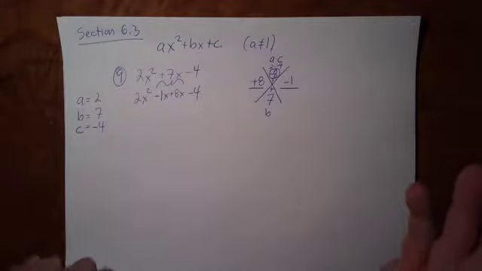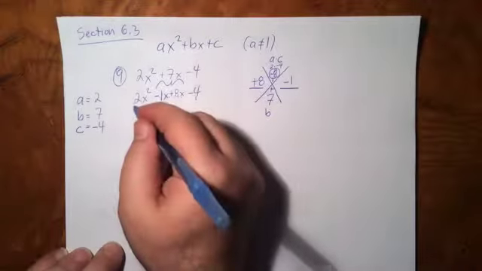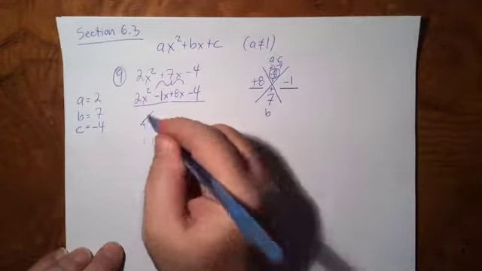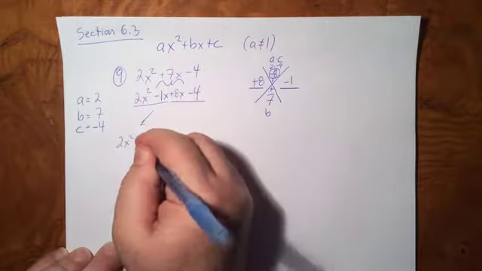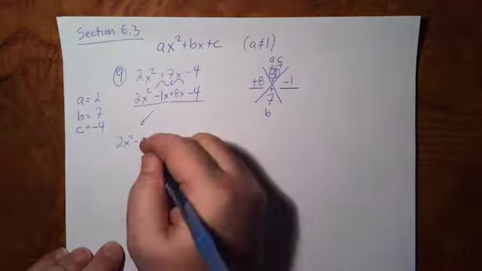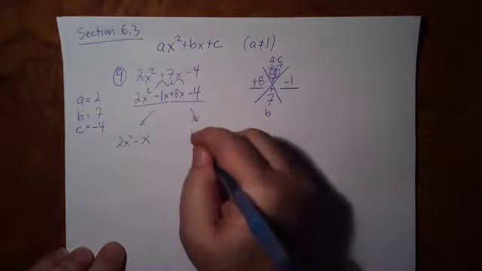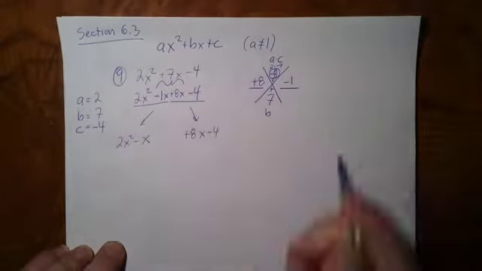So now I have 4 terms in the polynomial, and now I'm going to apply factoring by grouping to get my binomial factors. As we showed in the end of 6.1, I'm going to split these up into 2 parts and give them a little breathing room to separate them. So this would be 2x squared minus, and I don't have to write minus 1x, I'll just write minus x. And over here I'm going to write plus 8x minus 4.